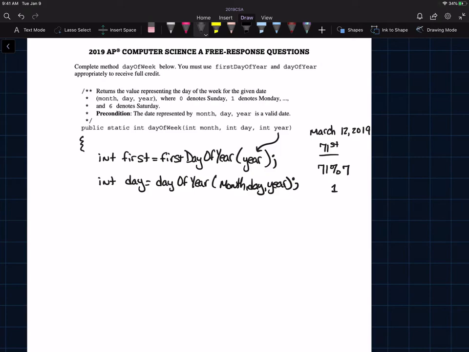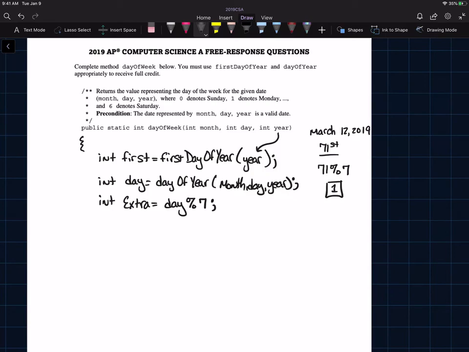Now what I need is this extra day here, that 1. I made up a variable myself called extra. And all I did was take day mod 7, so that I only care about the remainder.